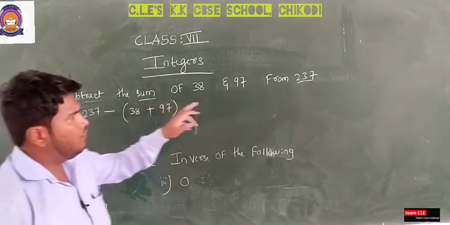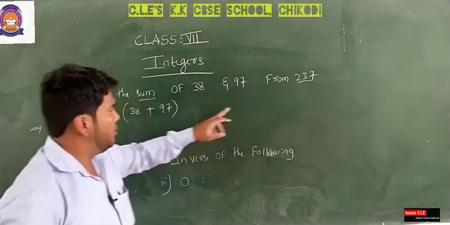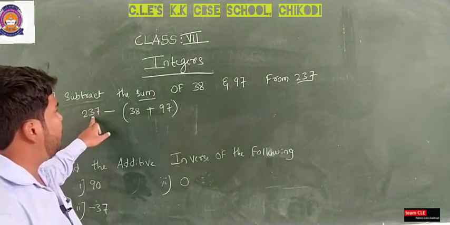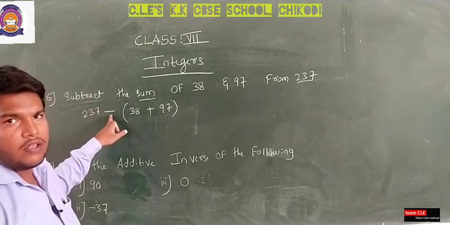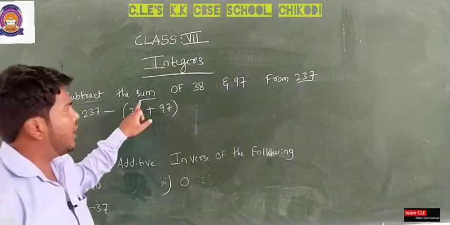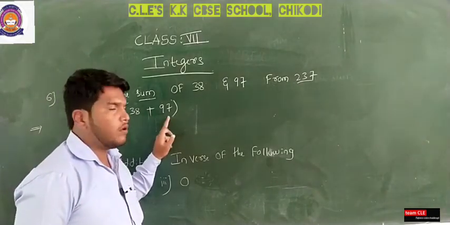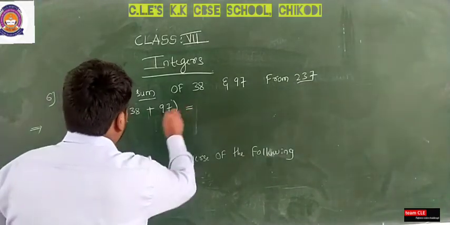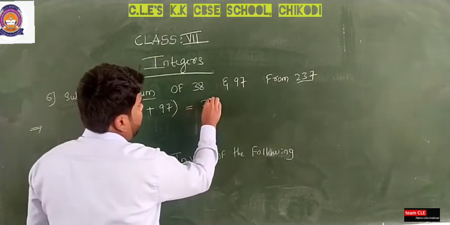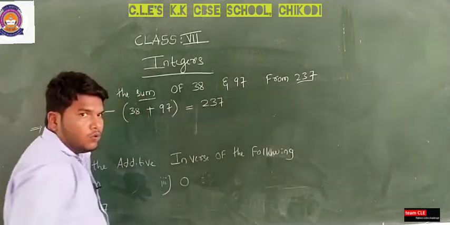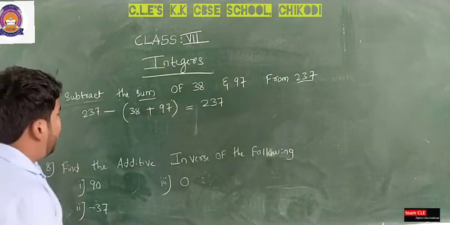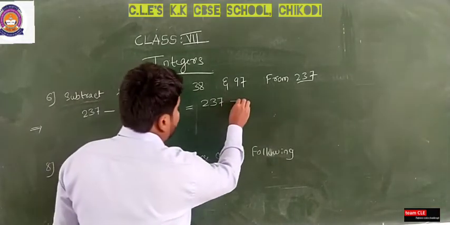So here, from 237, I first write that number, the operation is subtraction, and after that the sum means the addition of two numbers. Okay, so now see, write 237 as it is, and also add the minus symbol.